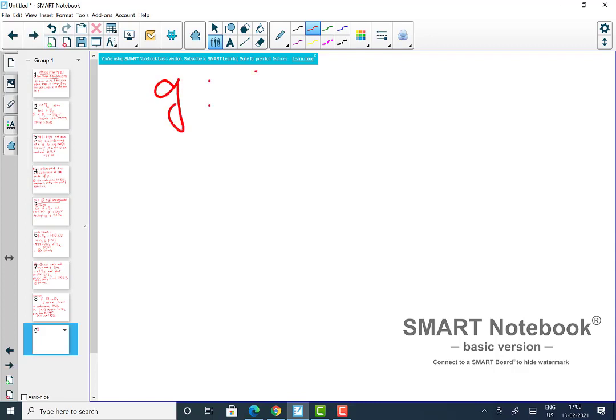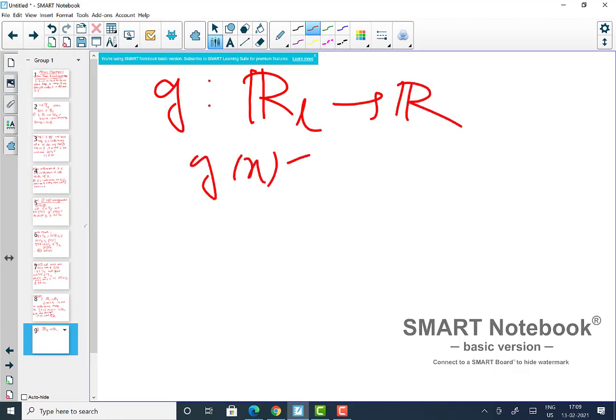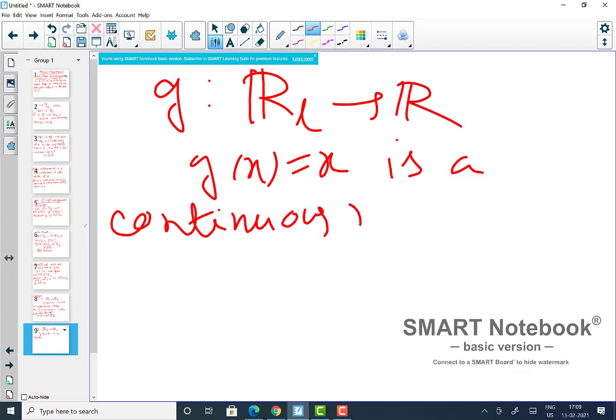On the contrary, if you take the other map, say for example g from R_l to R, such that g of x equals x, the identity map, this is a continuous map. You check it. Why is this a continuous map? Because whatever open set you choose here.